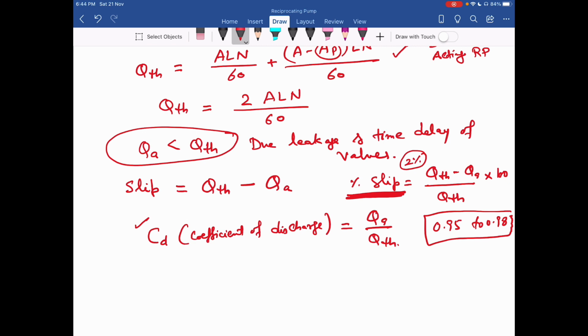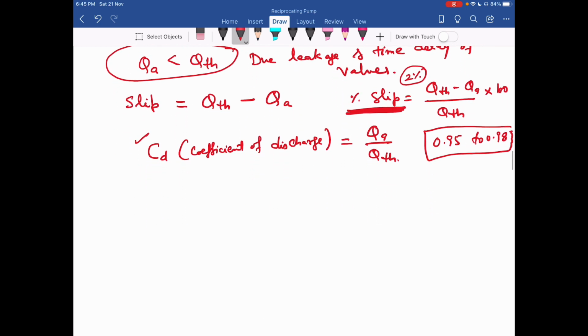Now, in case of a reciprocating pump, it is not always true that my actual discharge is less than the theoretical discharge. So in case of a reciprocating pump, we have negative slip also.